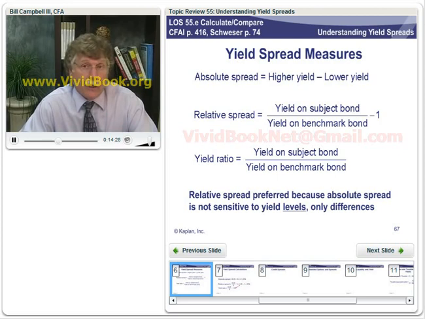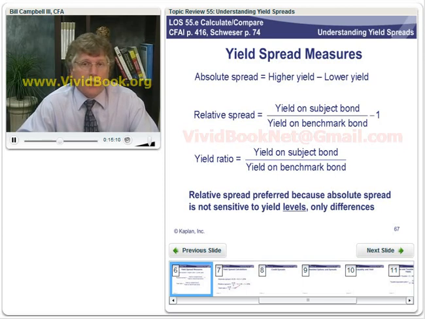The relative spread is the yield on the subject bond, in this case the corporate bond, divided by the yield on the benchmark, the Treasury bond, minus 1. So with a 5-year corporate yield of 6.5% and a 5-year Treasury yield of 5%, we take 6.5 divided by 5, which gives 1.3, minus 1 gives 0.3.